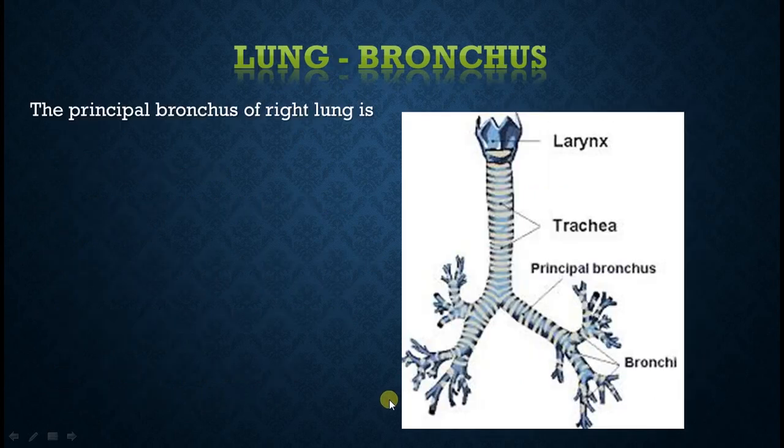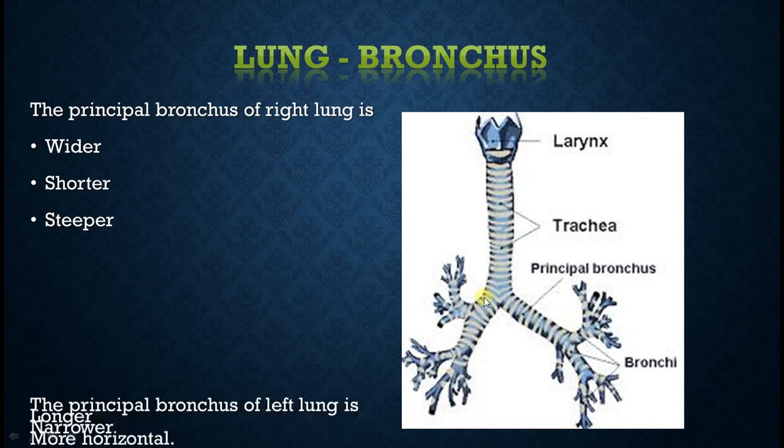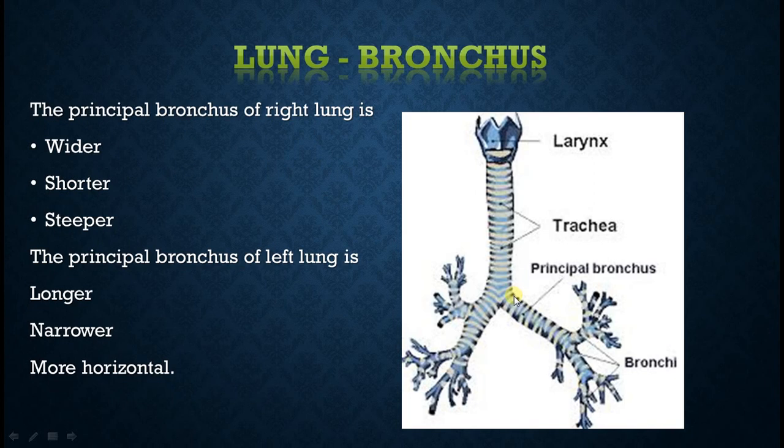Okay. Bronchus: each lung has a right principal bronchus and a left principal bronchus. The right principal bronchus is wider, shorter and steeper, almost vertical, whereas the left is longer, narrower and more horizontal, somewhat transversely oriented.